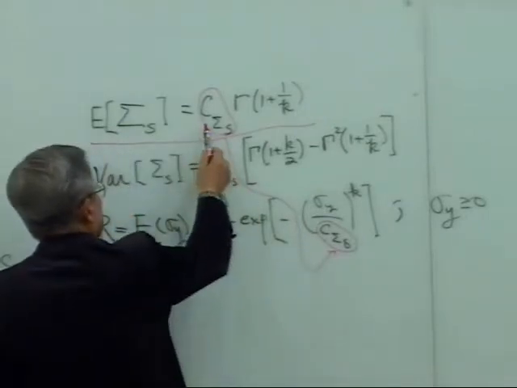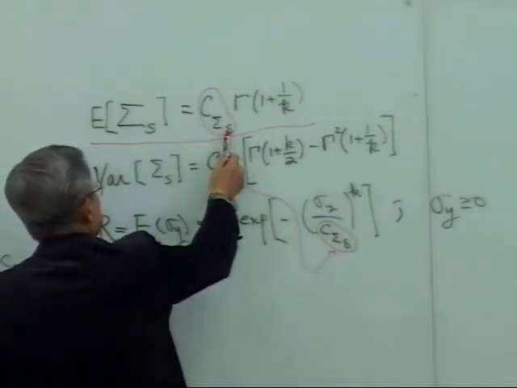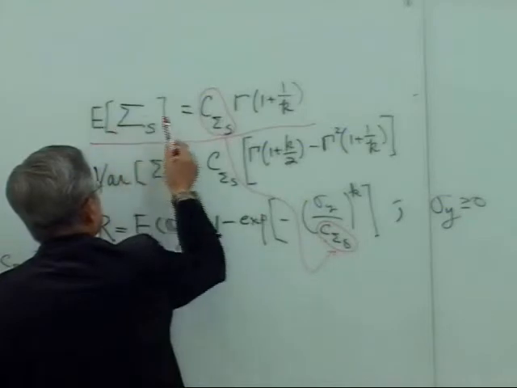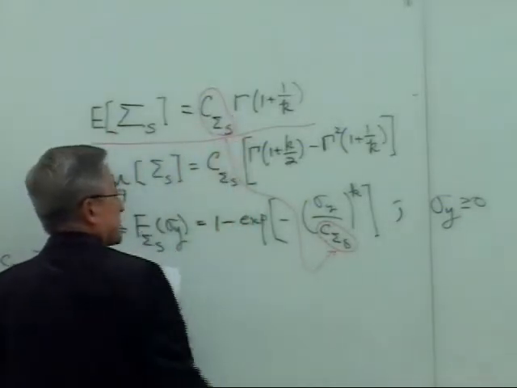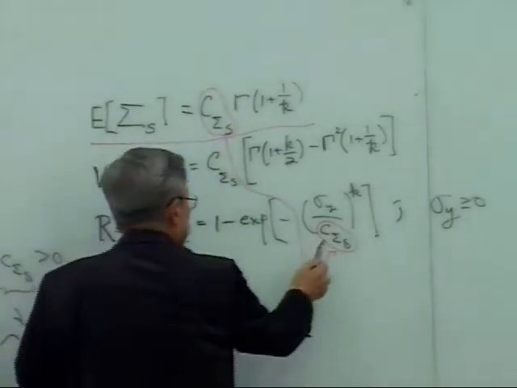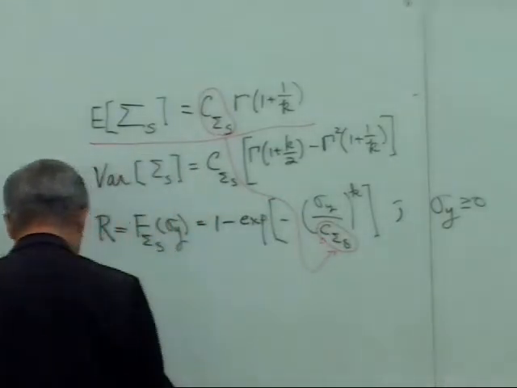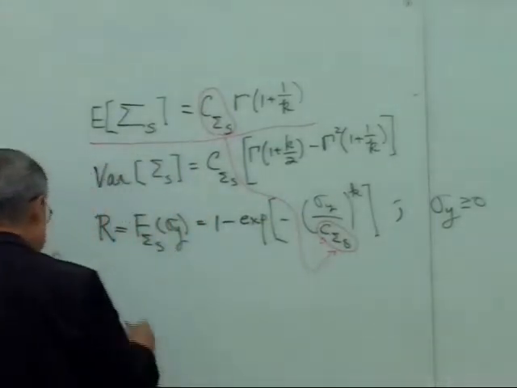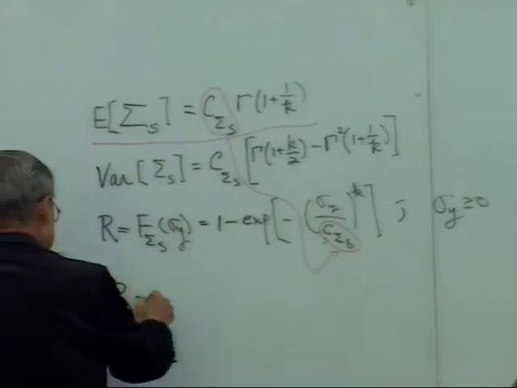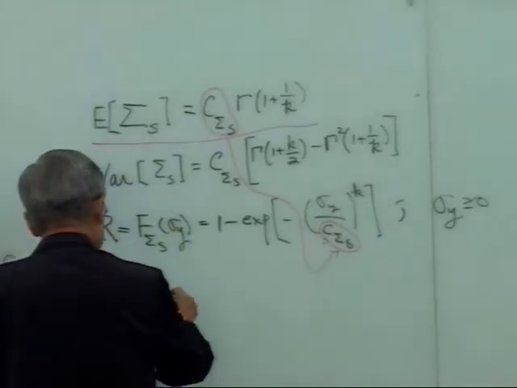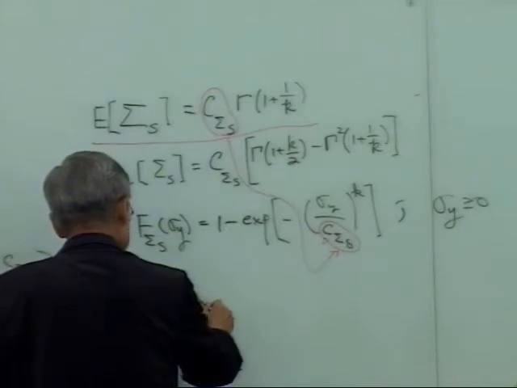So C sigma S is equal to mean over the gamma function. Then you can determine that in the expression.